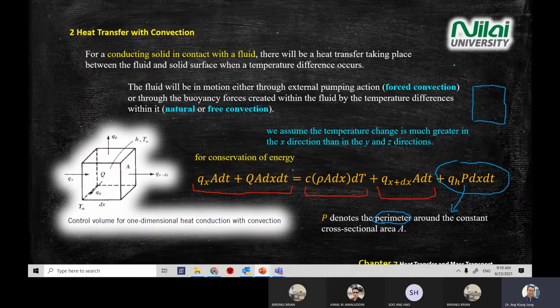So you are good at calculating perimeter, right? Square, no problem, right? Circle is a little bit challenging for some of you. The perimeter of a circle is 2 pi r. So take note, when you need to calculate convection, then you need to add QH P dx dt to the equation.